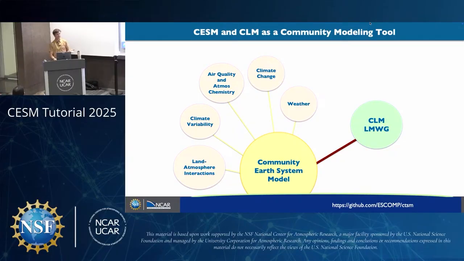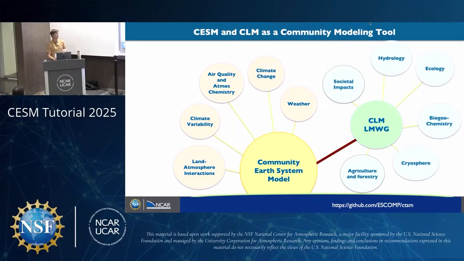But then the CLM and the land model working group also serve other communities that are more focused on social impacts, hydrology, ecology, biogeochemistry, the cryosphere, and agriculture and forestry. So we're really trying to thread the needle between providing lower boundary conditions for the atmosphere, the things that CAM needs, and also serving these broader communities that are thinking about land processes in general.